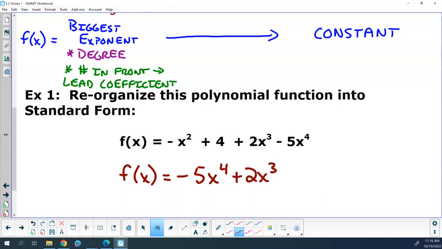Next biggest one, Lucas? Negative x squared. Then just plus 4 at the end, because that's all that's left over, right? So that is standard form of our polynomial function.